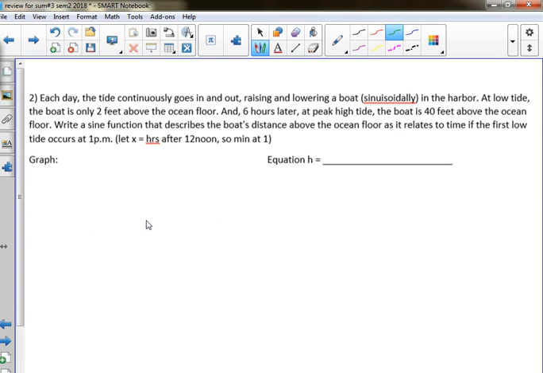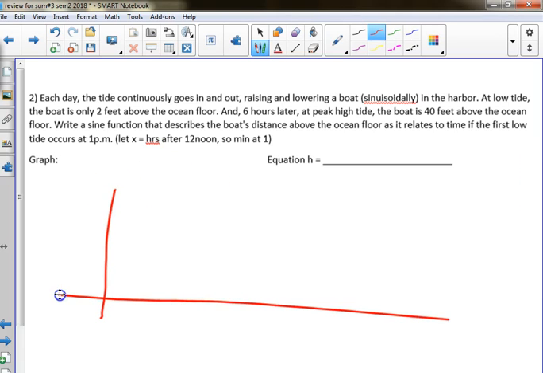Each day the tide continuously goes in and out, raising and lowering a boat. At low tide, the boat is only 2 feet above the ocean floor. So that's telling me the minimum is 2. Does that seem okay, guys? 6 hours later at peak tide. So if it goes from low tide to high tide in 6 hours, what is that telling me?